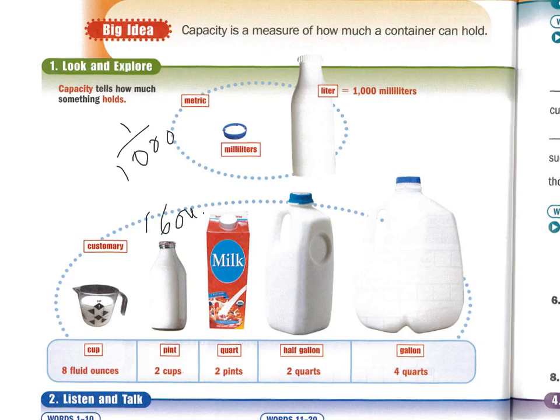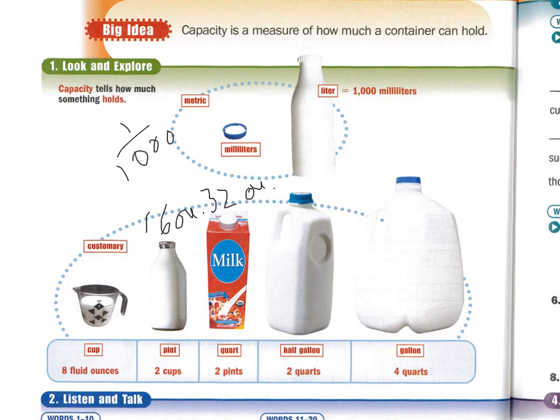A quart is 2 pints, in other words, 4 cups. And if you want to figure out how many ounces that is, 4 times 8. That's right, so this is 32 ounces.